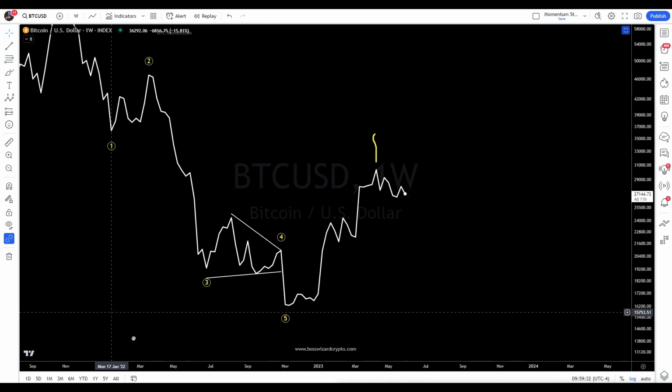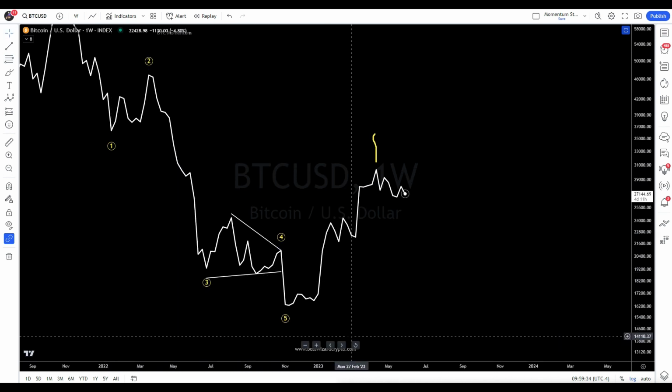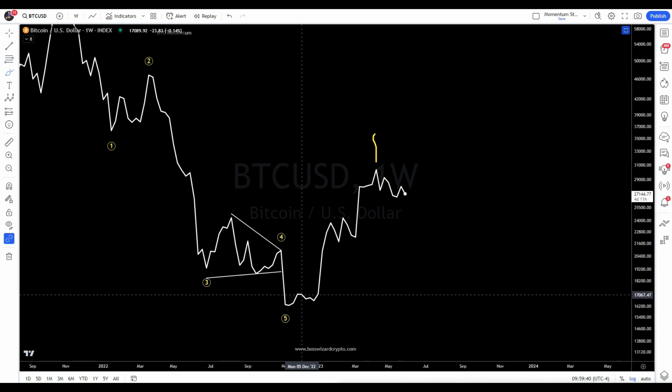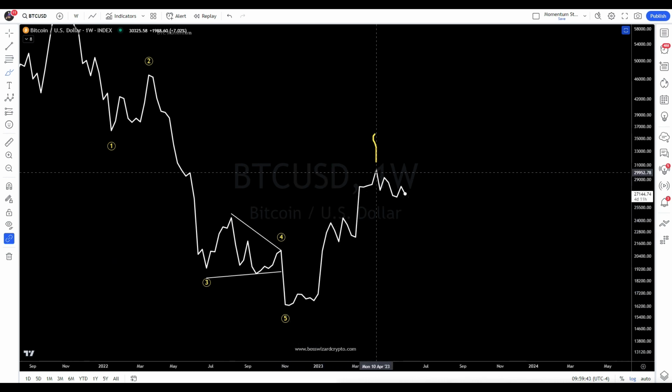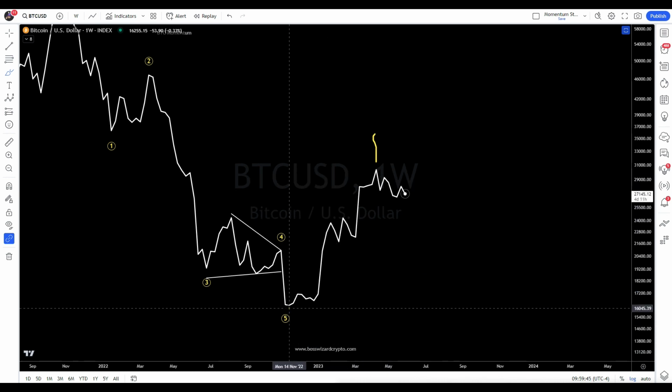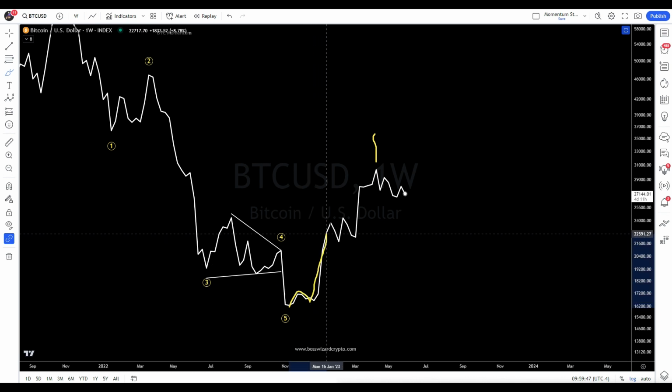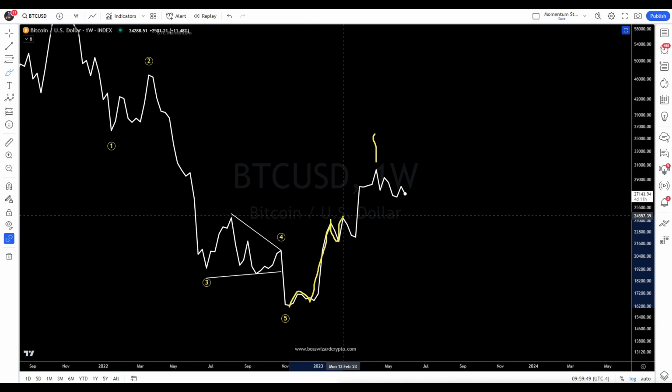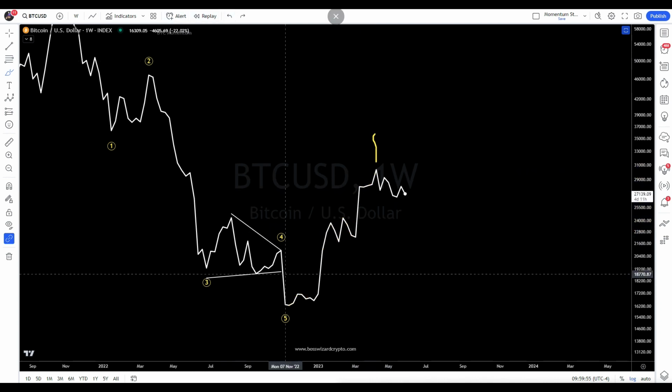As you can see, the subwaves of this move up are very difficult to see. You can see that clearly in the first impulse, right? And everything after just kind of breaks down to nothing. It looks like a blob, right?